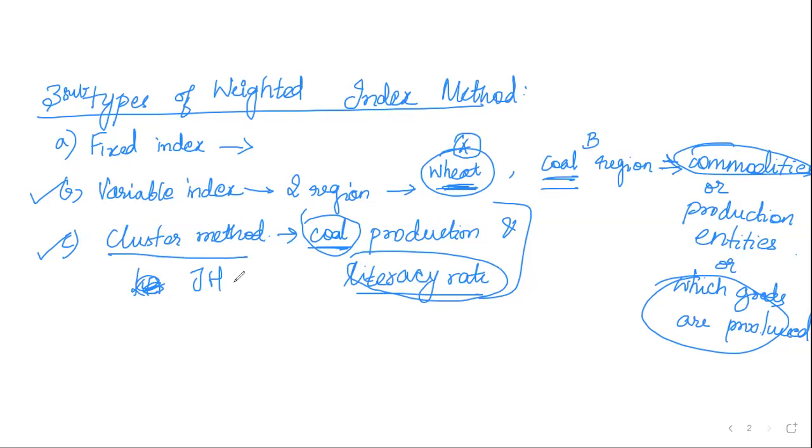What will I do in the cluster method? I will take all the parameters which I need to compare, like coal, literacy rate, anemia of women, population, death rate, whatever I want to compare. I will take the statistics of all of these individual data.